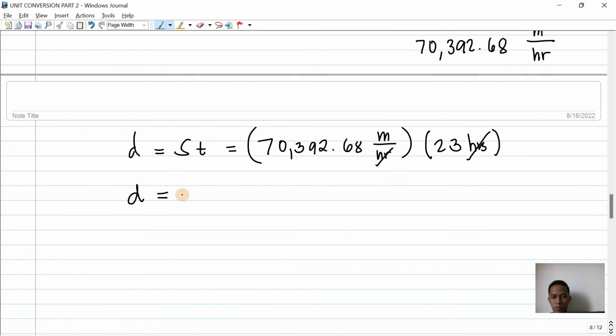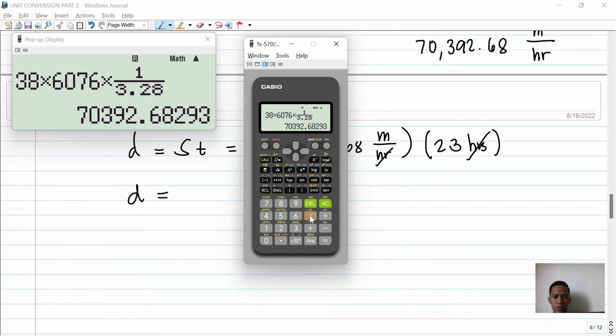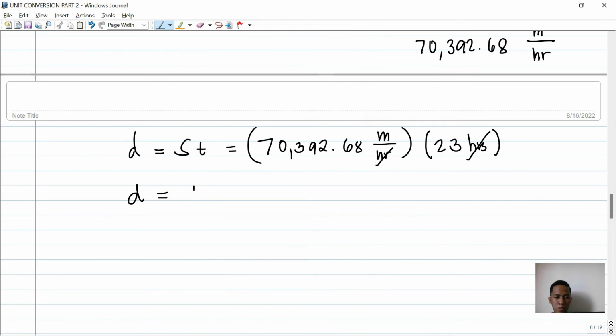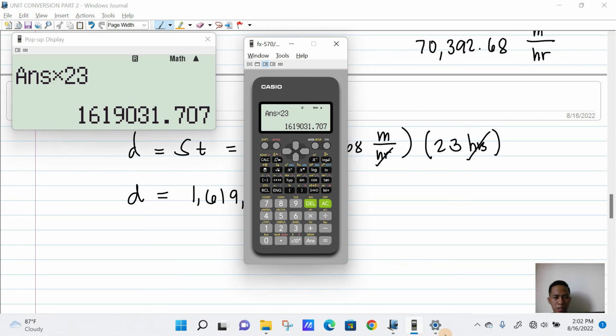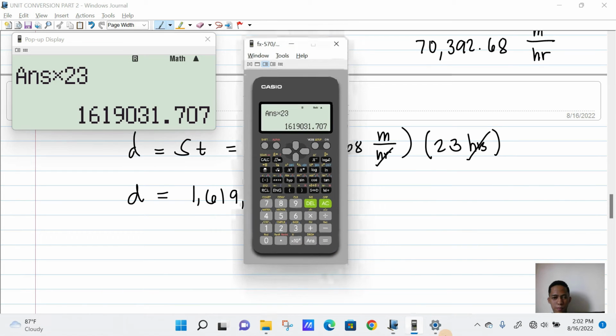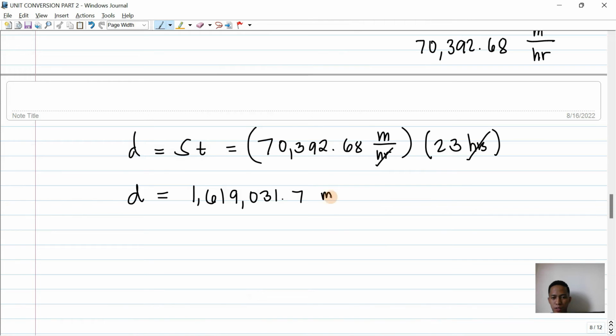So distance equals, times 23 lang natin itong value kanina. So it gives us 1,619,031.7 meters. So this is your answer for this problem.